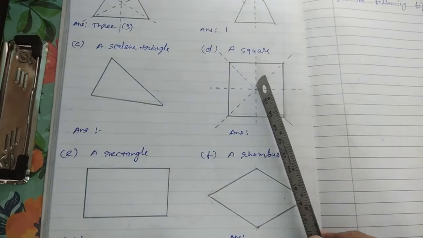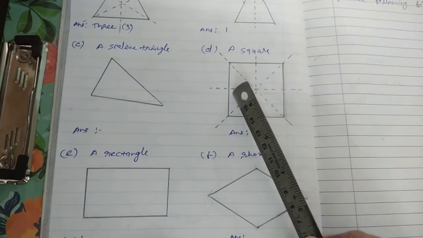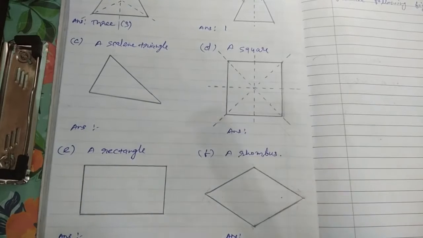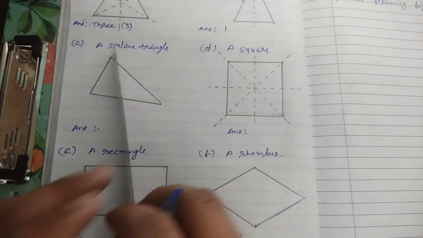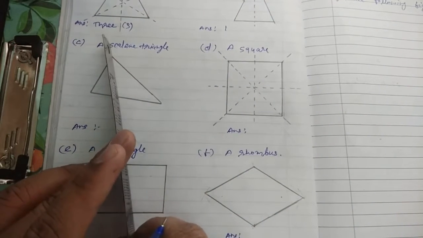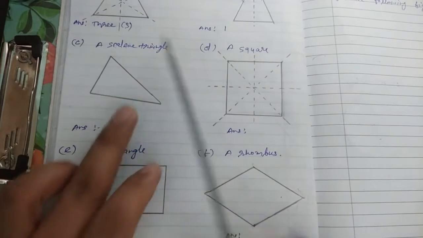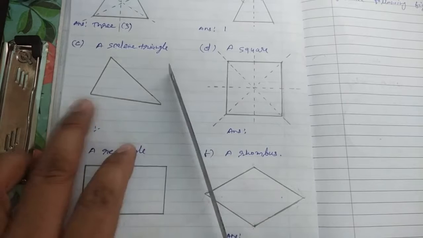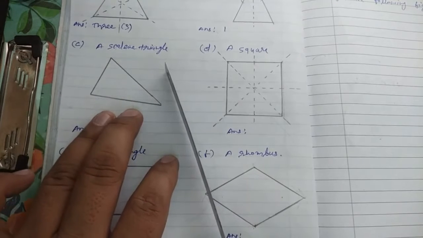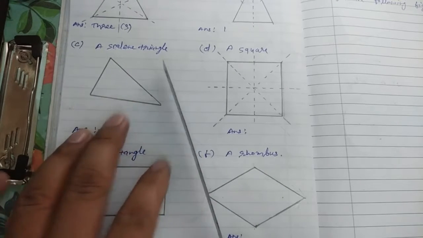So the answer is 1. Next, scalene triangle. This is a kind of triangle in which all the sides are different. So here we will check from one vertex to the middle point of the opposite side.